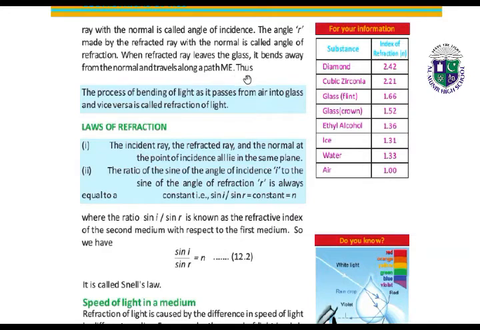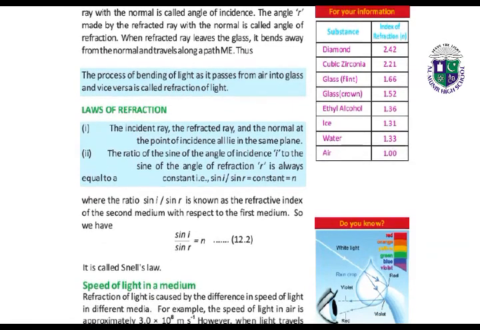So this figure shows the refraction of light from one medium to another medium, and it shows the bending from the normal. We can say that the process of bending of light as it passes from air into glass and vice versa is called the refraction of light.